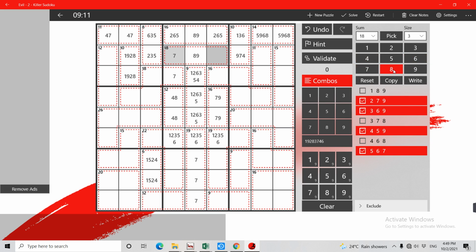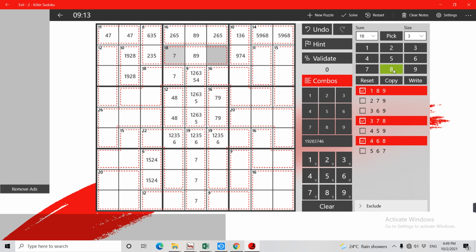We are going to enter 8, which means I cannot have a 9 and I cannot have a 2 at any cost. 9 plus 2 is 11. 11 plus 5 is 16. So I cannot use 5 also.